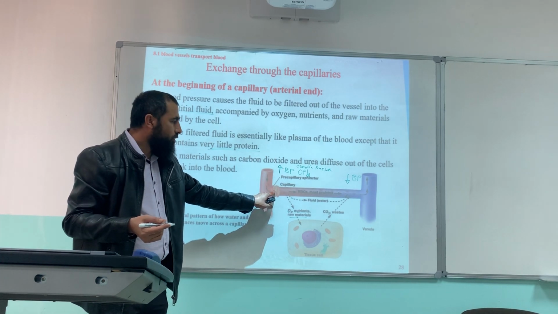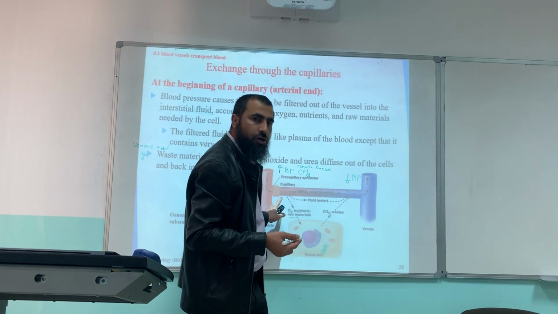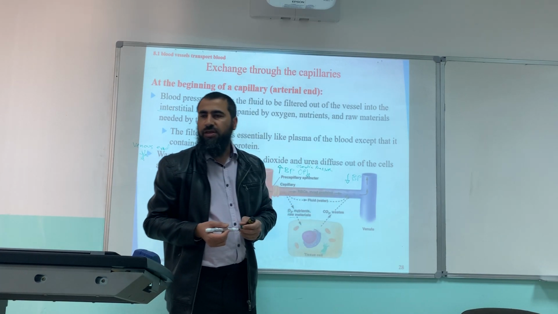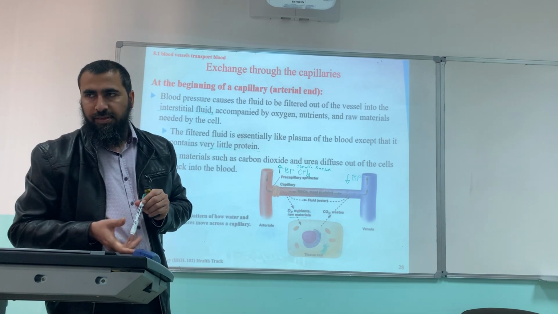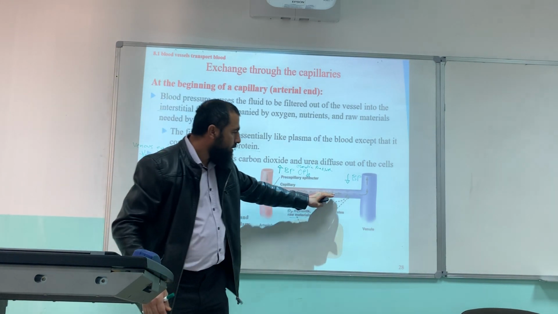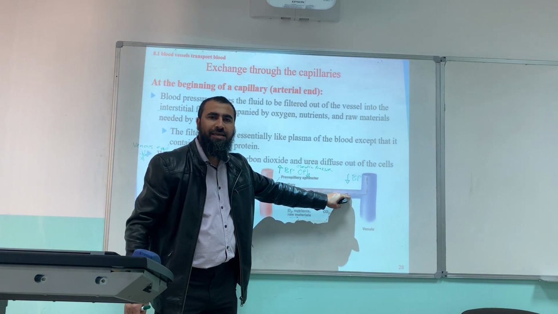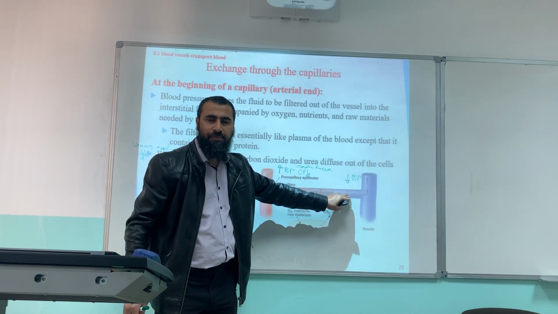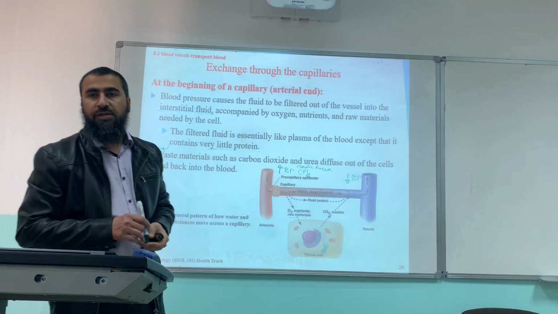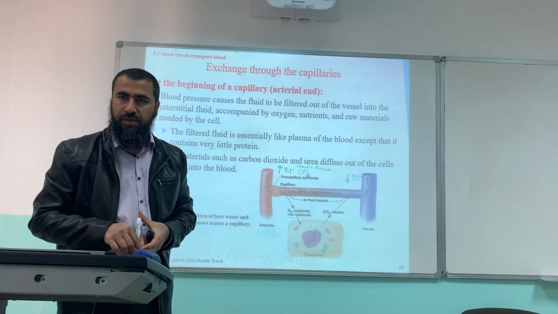So by the time the blood reaches here, it's lost fluid. What's happening to the concentration of the solutes? Who can tell me? The fluid has left, but the solutes are still remaining, like these proteins. So what's going to happen to the blood when it reaches there?